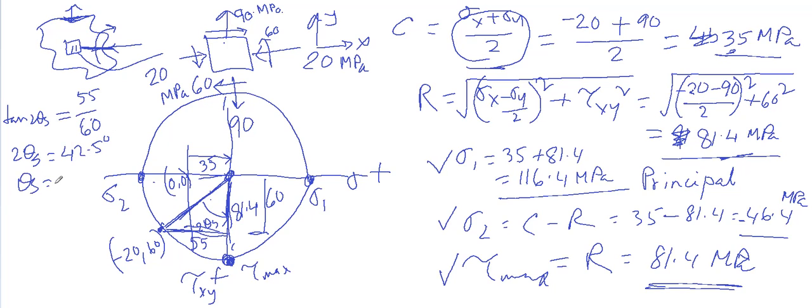That means theta s is 21.25 degrees, and it is going this way. That means counterclockwise. So yes, this angle is the angle from the reference point. Reference point is here, and it is counterclockwise, 21 degrees.